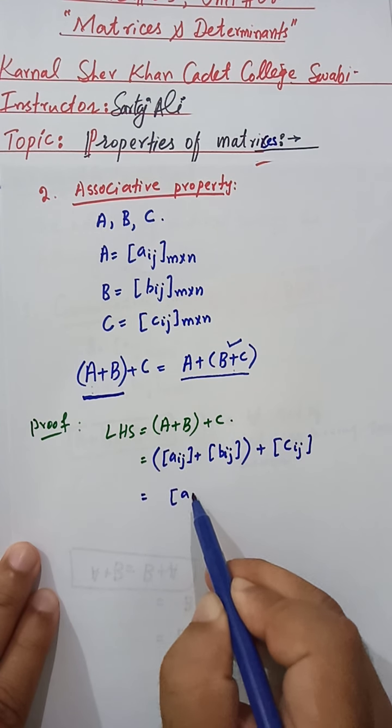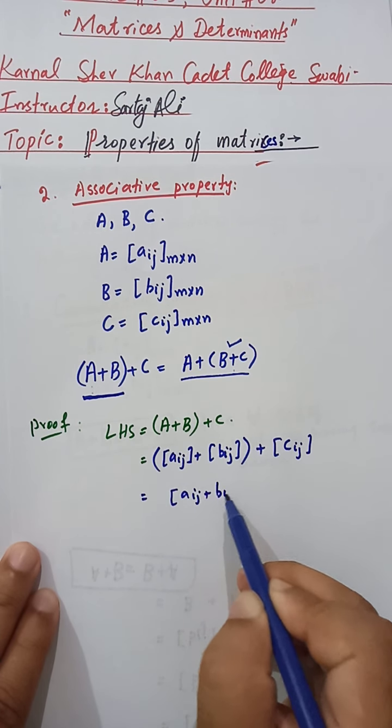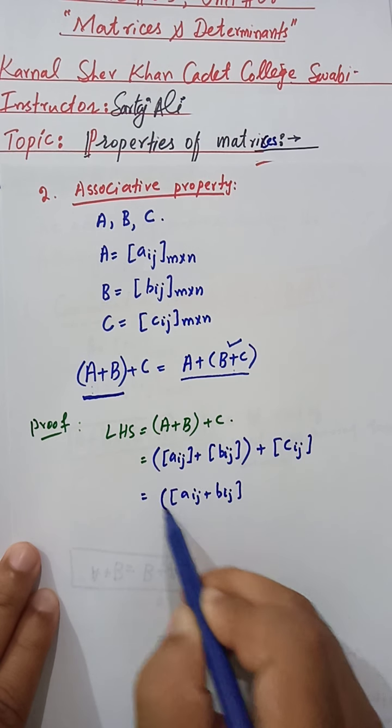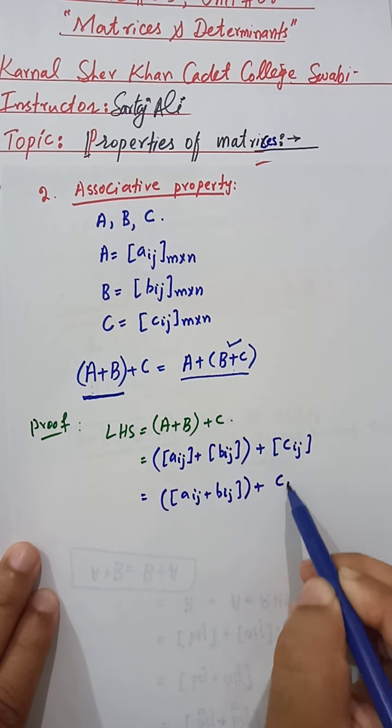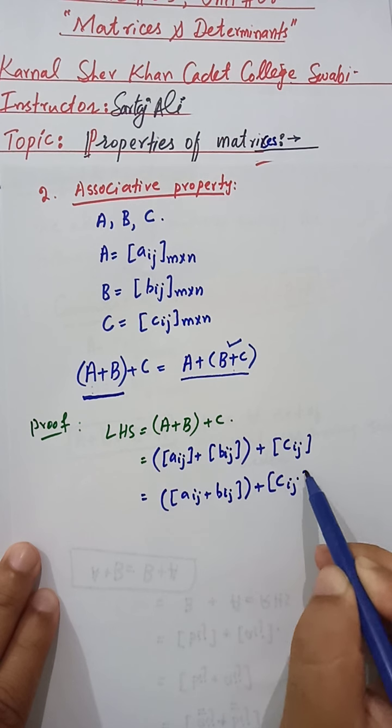So this is aij plus bij. I already explained this point in the commutativity of the set of matrices.